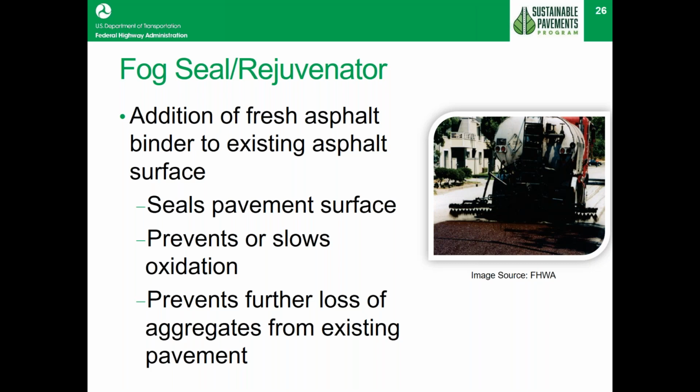It's relatively easy to do. The only issue you have to be careful of is that the surface will become slippery when you put down this rejuvenator or fog seal. So you have to be very careful when you do it. There are some practices that are typically done that increase the roughness, and you monitor it very carefully to make sure you don't have any issues related to safety.